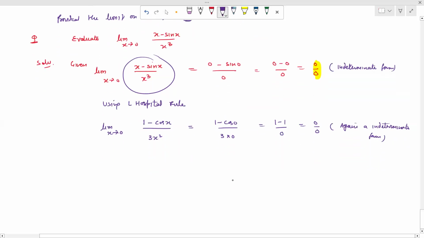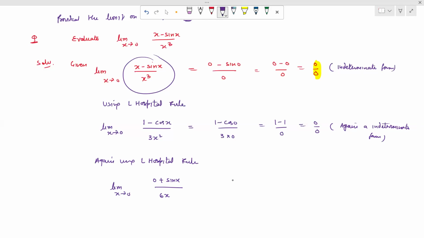So again apply L'Hospital. This can be written as the limit x tends to 0. The differentiation of 1 is 0, which is constant, and cos x differentiation is minus sine x, so minus minus plus, and 3x square gives 6x. When we apply the limits, this gives us sine 0 upon 6 into 0. Sine 0 is 0 and 6 into 0 is 0, so again an indeterminate form.